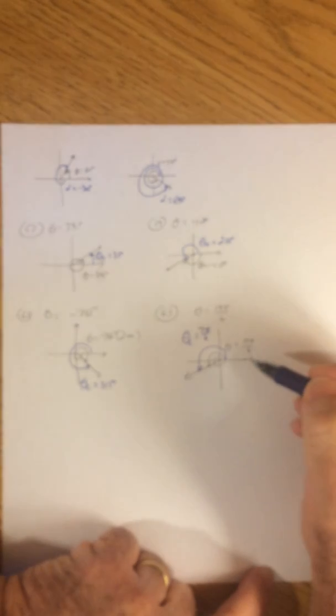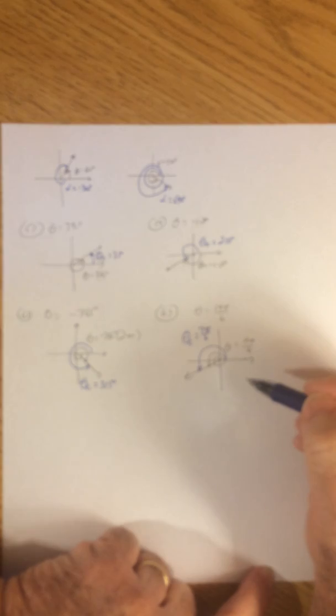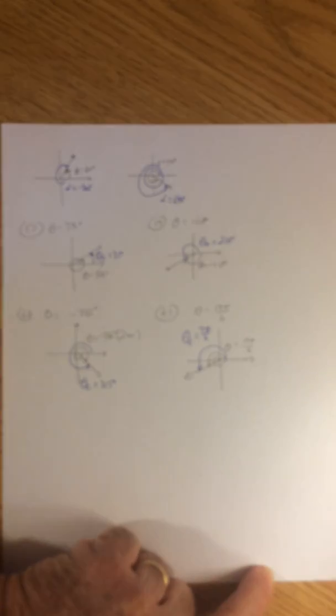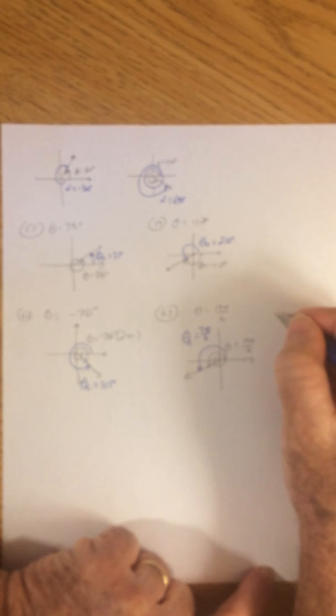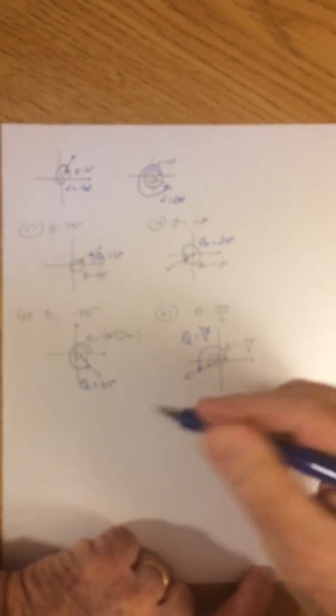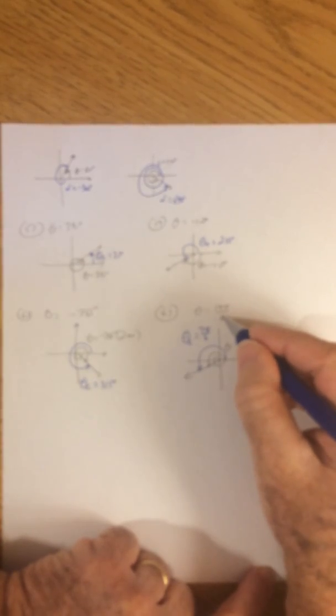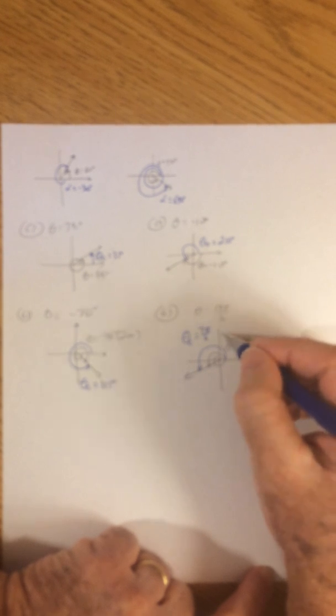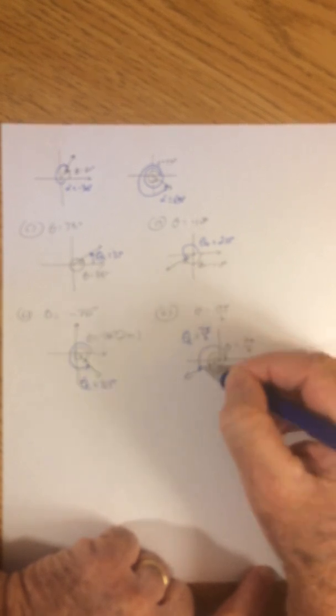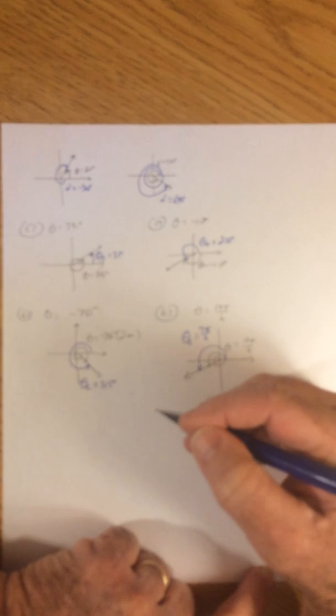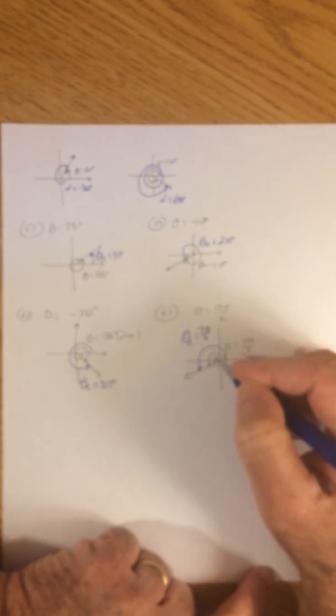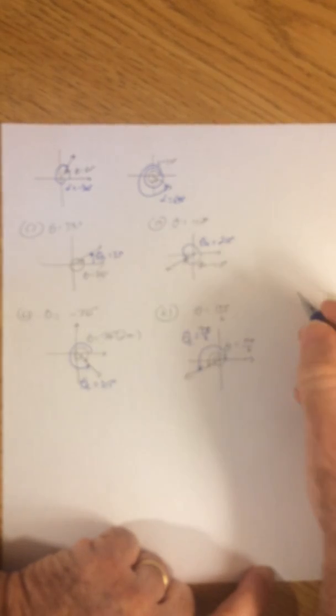Now, some of you aren't going to like this, and I know that from past experience. So another way to do this is to convert this angle. I know that a number of you would rather convert this into degrees, find the coterminal angle, and then convert it back. I have no problem with that. So I'll show you how to do that.